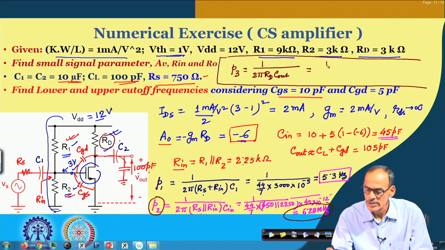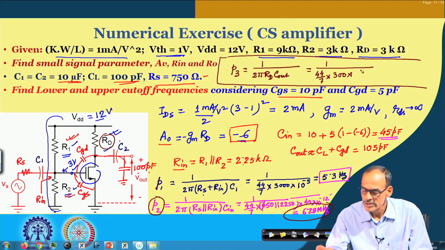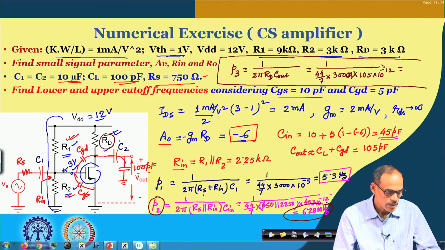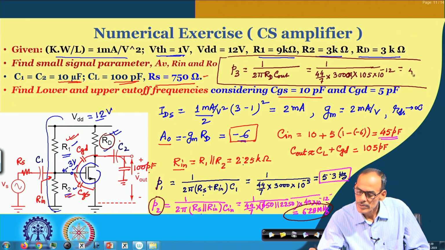If you consider the corresponding numerical value, this is 1 by 2 pi into R d, it is 3 k, and then C out is 105 picofarad, and in fact this is becoming 505 kilohertz.